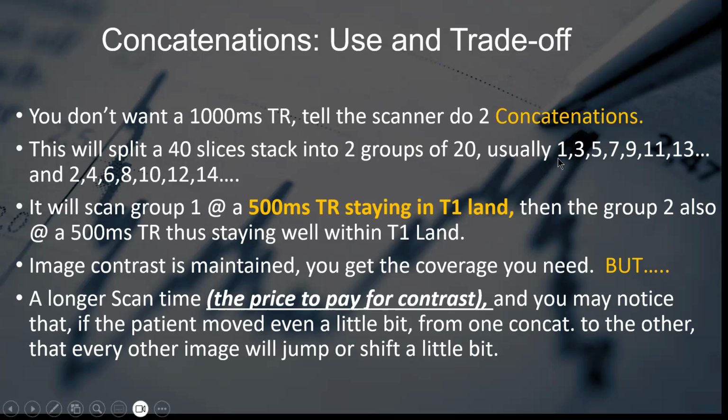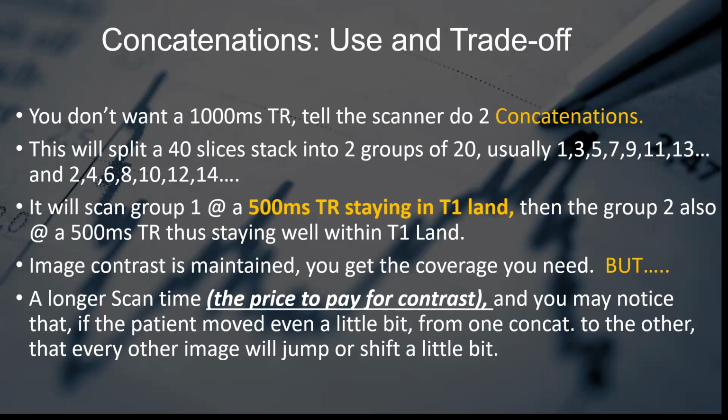So you maintain your T1 contrast with the short TR, even though it would have taken you 1,000 to get all 40, you still get your 40, but it's done in half stacks. Okay. Yay, nay? Yeah, because usually when I increase a concat, I then decrease my TR.